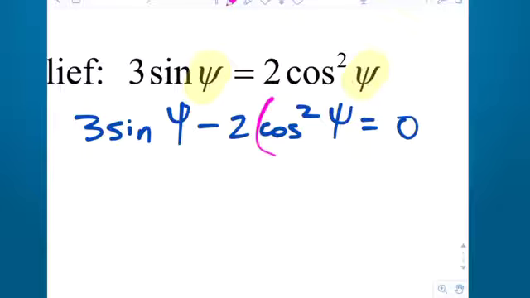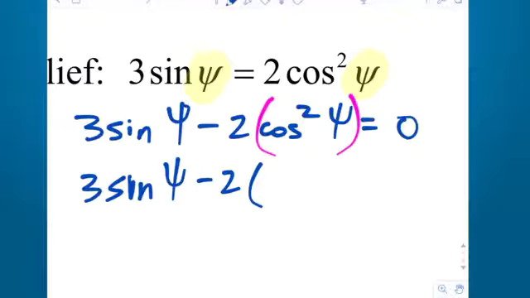And anytime you make an identity replacement, I would highly recommend putting parentheses around that thing that you're going to be replacing, especially if there's something out front like a negative 1 or in this case a negative 2. All right, so here we go. We got 3 sine of psi minus 2 parentheses. And what is cosine squared in terms of sine squared? 1 minus sine squared. Yeah, that should be kind of getting a lot easier for you.